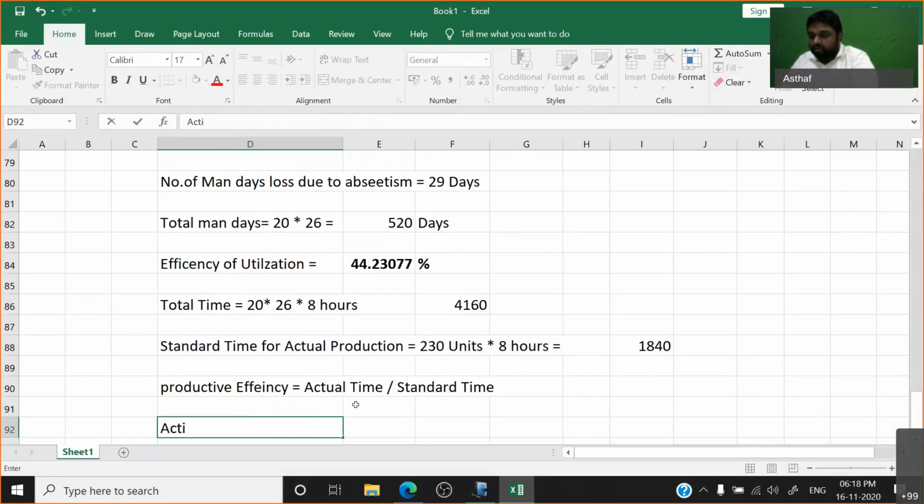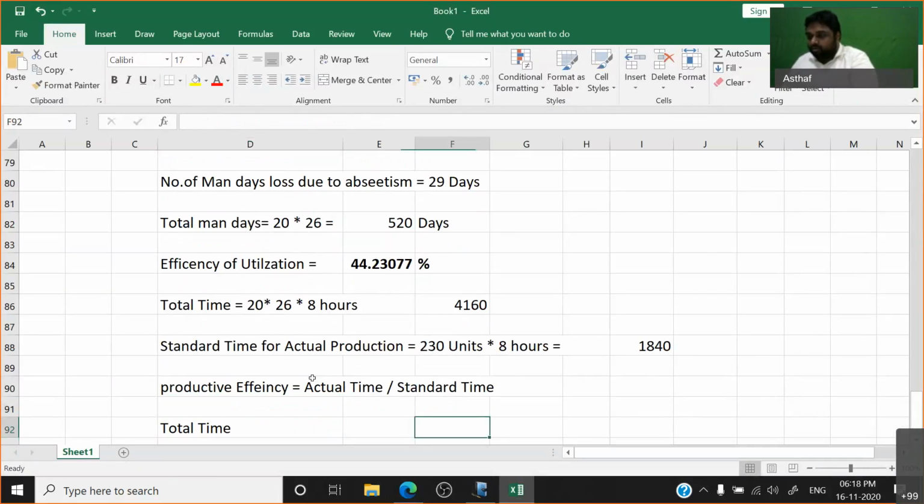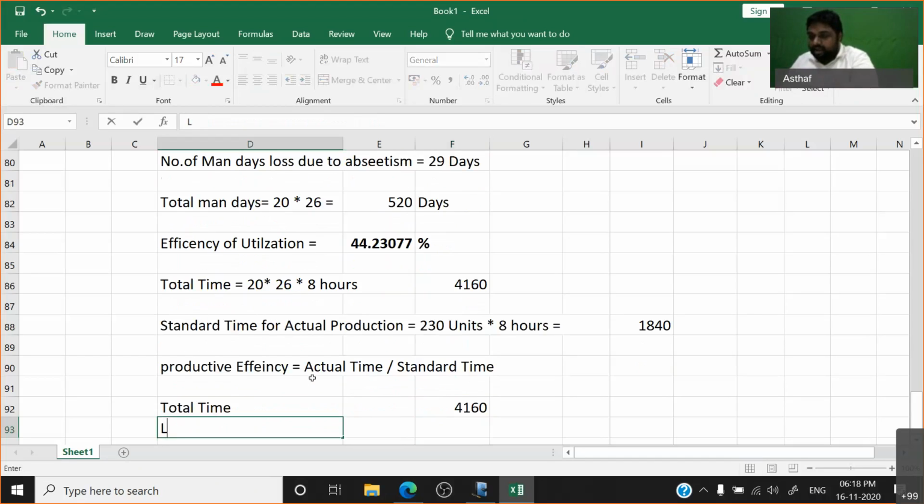So how to find out actual time? Our total time equal to 4160 less absenteeism, which is 29 into 8. What will come?